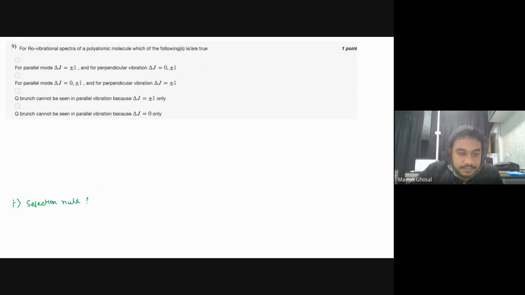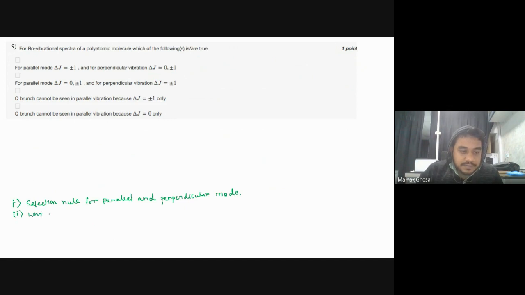for parallel and perpendicular mode. This is my first question, and you have seen in the options there is something about the Q branch.